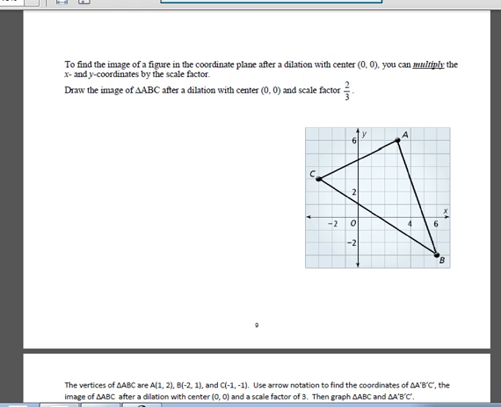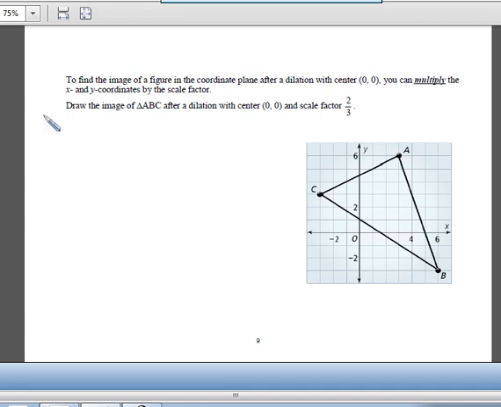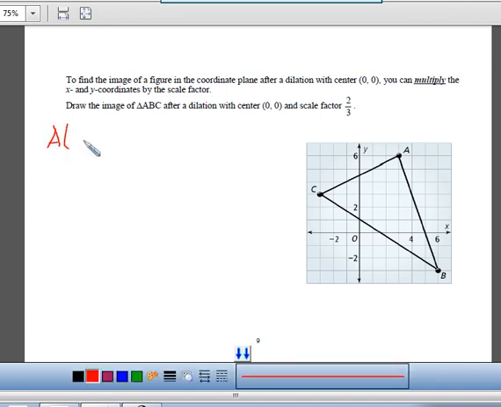First thing, let's start with all our original points. So we have A, which is at 3, 6. Leave a little bit of space, B, which is at 6, -3, and C, which is at negative 3, 3. Now, watch what happens.